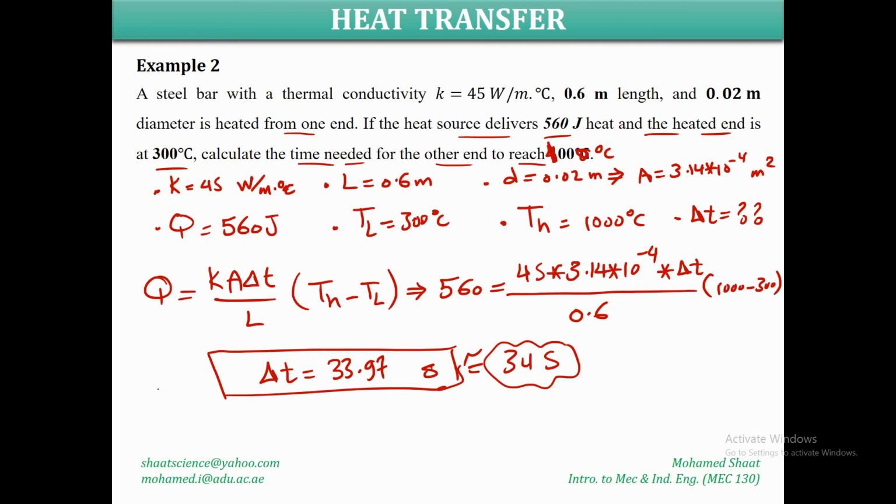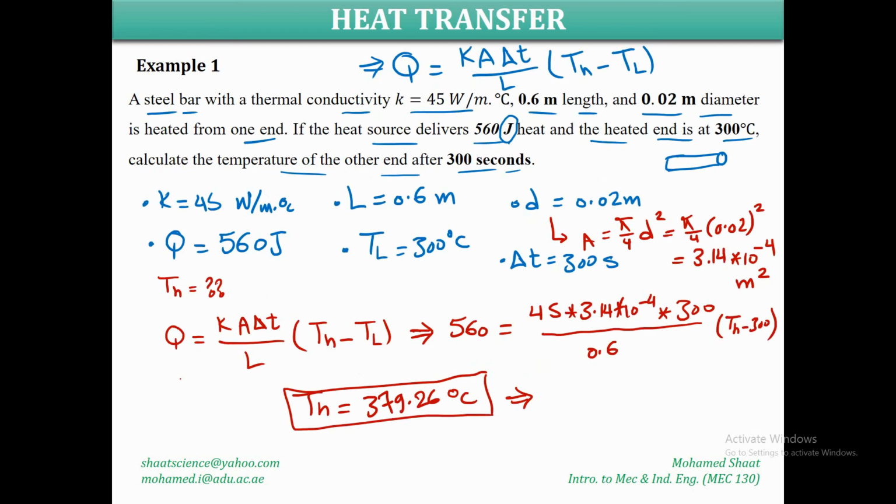In the previous example, we took 300 seconds of heating to increase the temperature from 300 to 379 degrees. We just increased the temperature by 79 degrees Celsius.